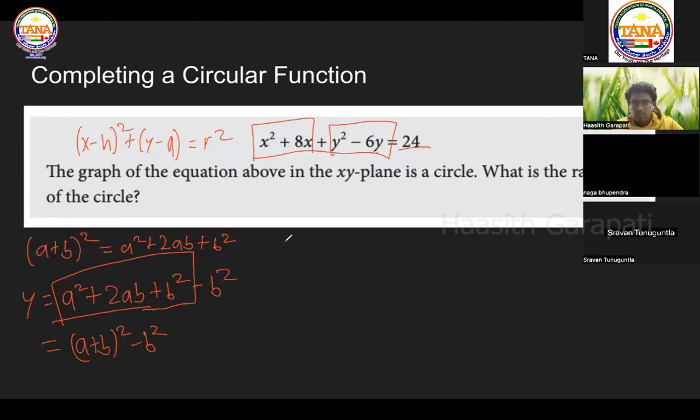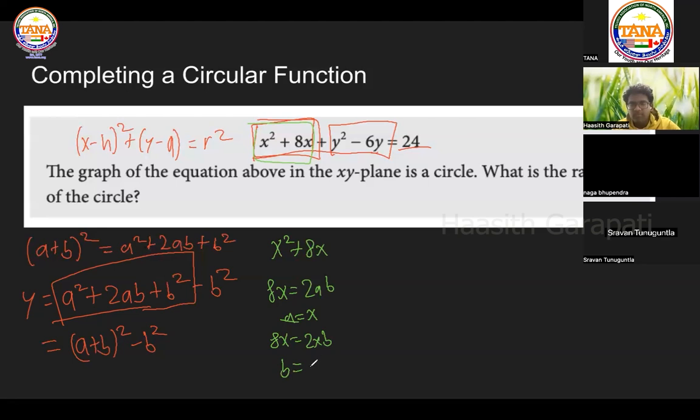I'll show you. In the first part over here, x squared plus 8x up there, I'll use a different color, x squared plus 8x. We can tell that, okay, 8x is equal to 2ab, right? In this case, a is equal to x. So 8x is equal to 2xb.